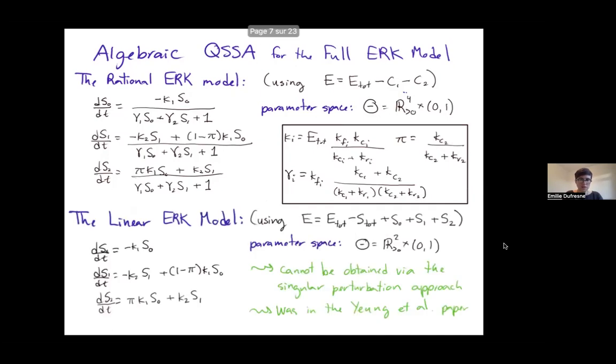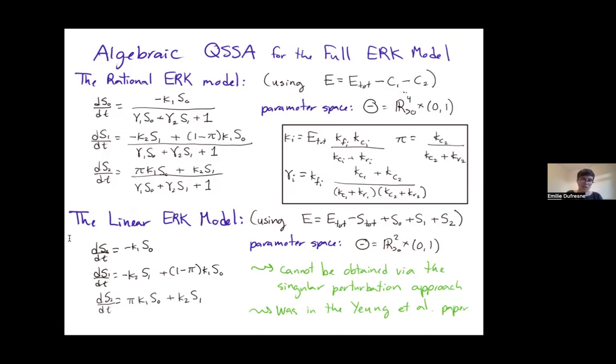And alternatively, if we use this other conserved quantity, we now get what I call the linear ERC model. So a linear model with 3 variables. And that's nice because then there are exact solutions and it's simpler. One thing to mention is the first one here, the rational ERC model, is what you would get from the singular perturbation approach.